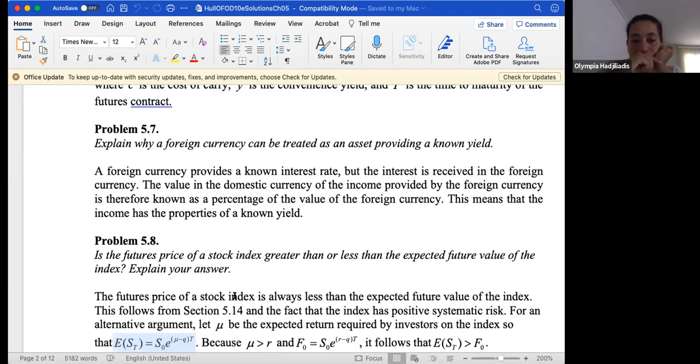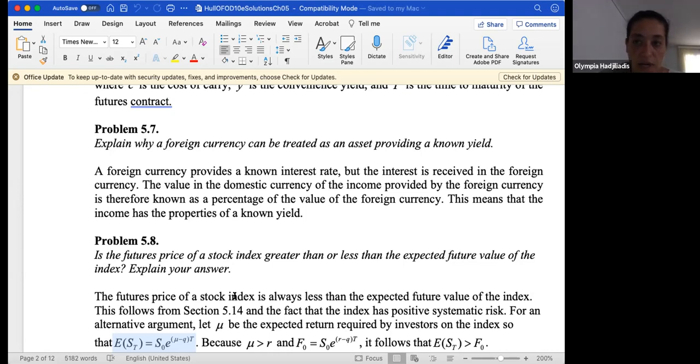So this is the same as the income having a known yield.